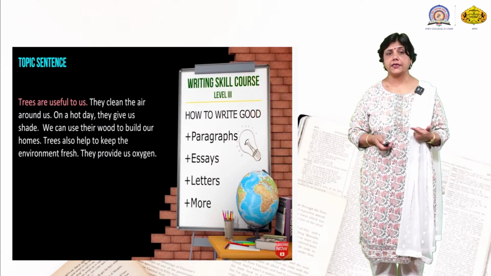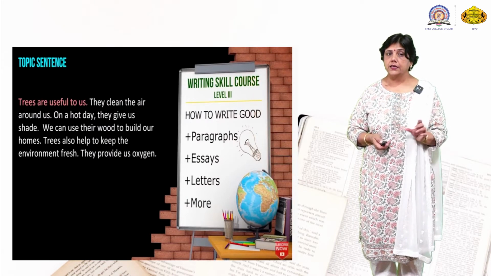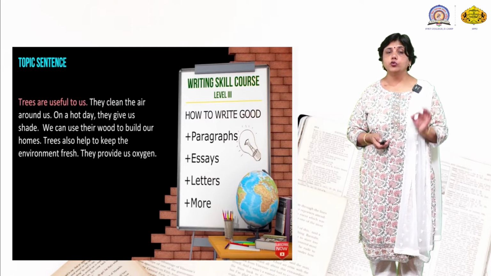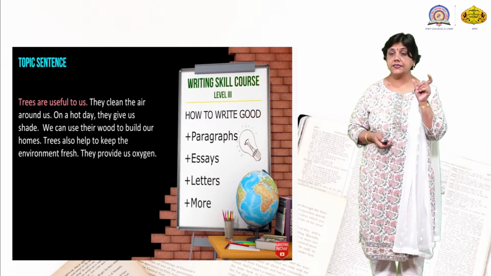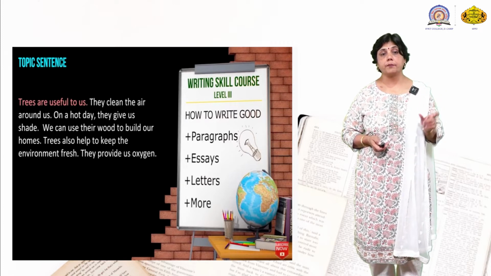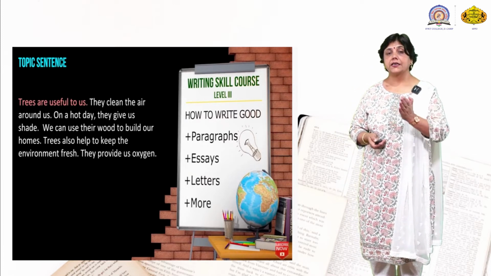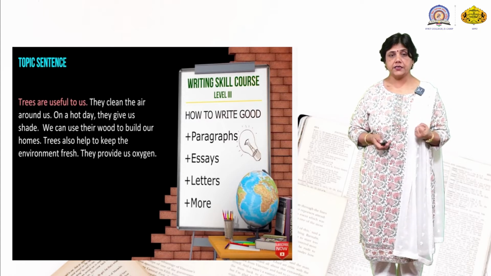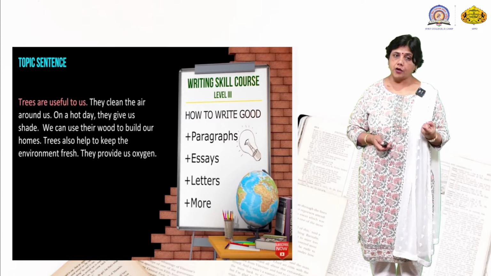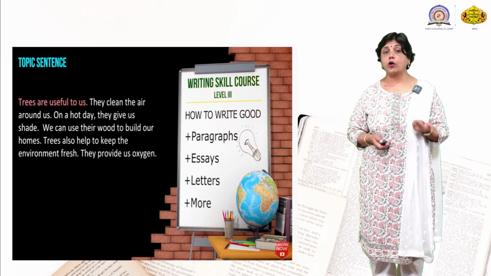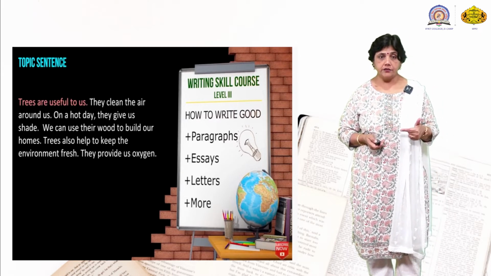Now what is a topic sentence? See, trees are useful for us. This can be taken as the topic sentence. How are they useful to us? Now see the explanation. They clean the air around us. On a hot day, they give us shade.